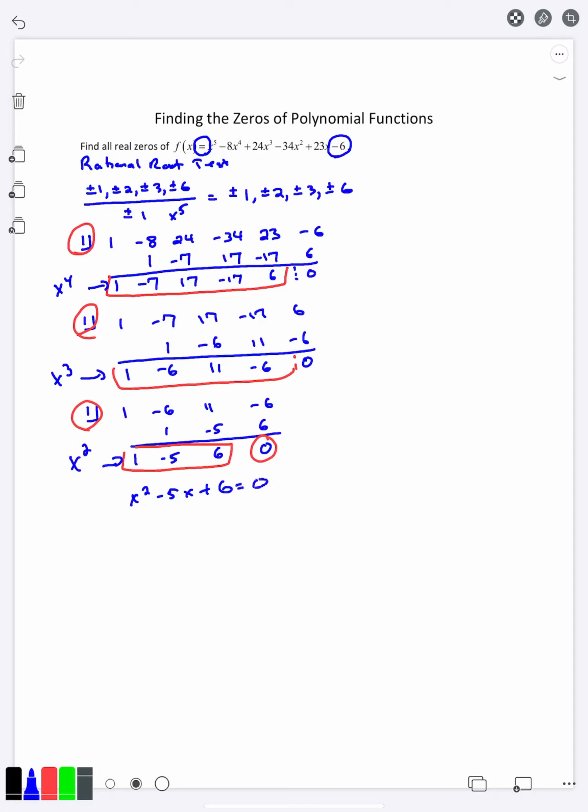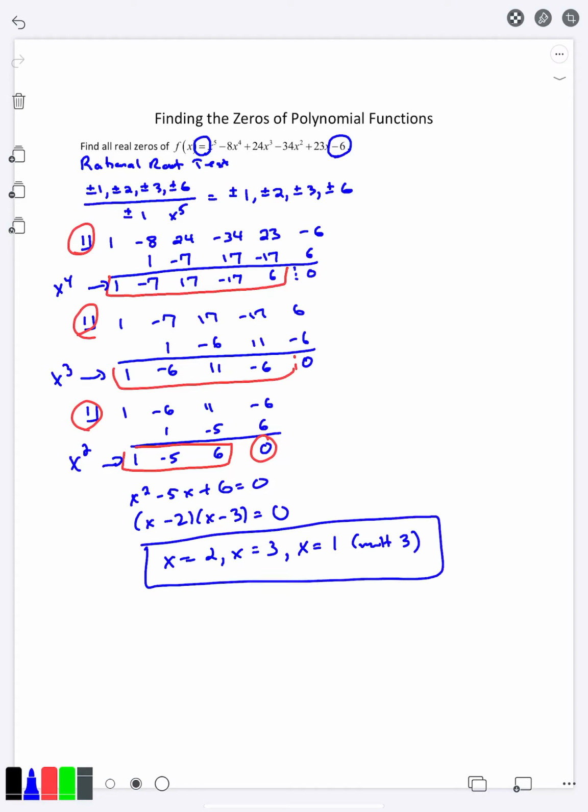And once you get to x squared, you might as well just go ahead and factor it. And so, combining in the ones we had before, multiplicity 3, this then gives us all of the real zeros.